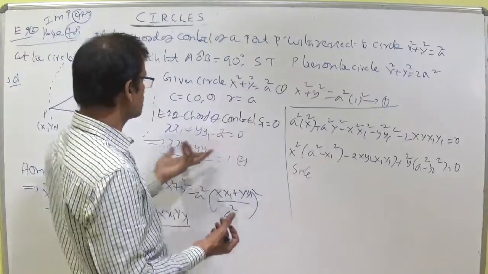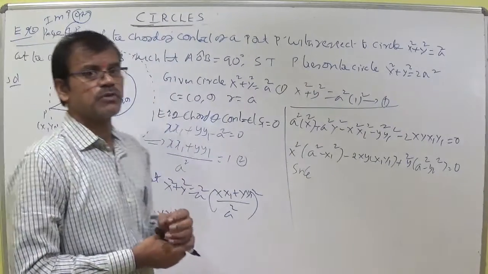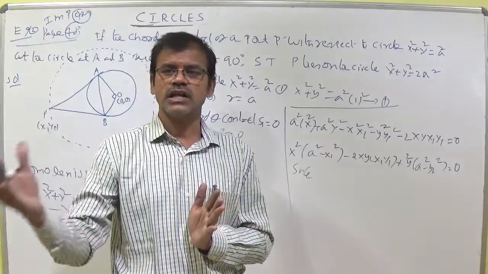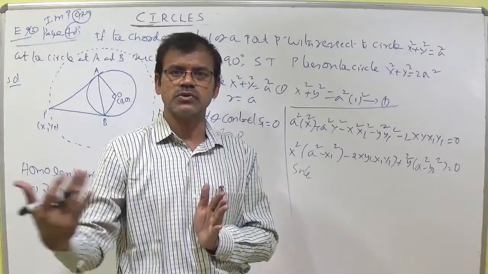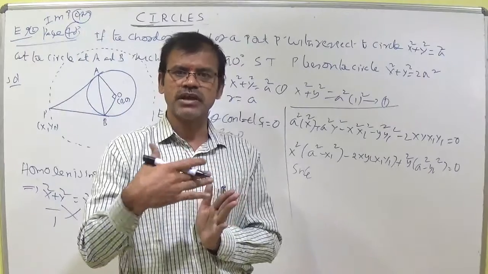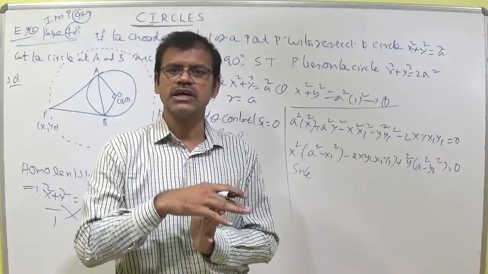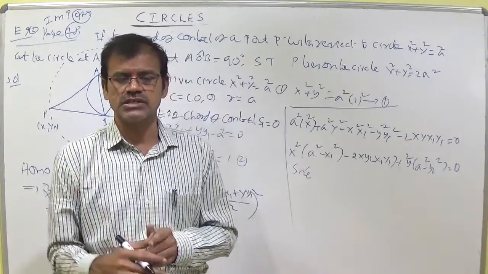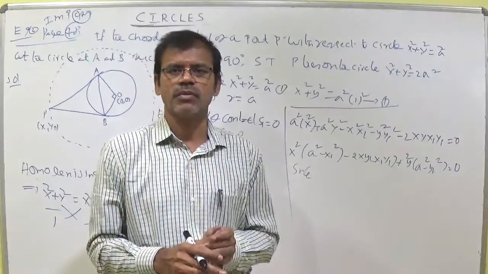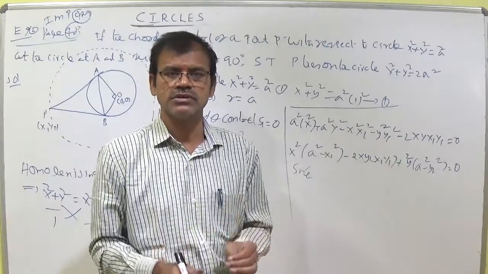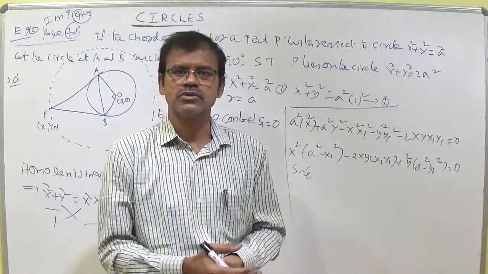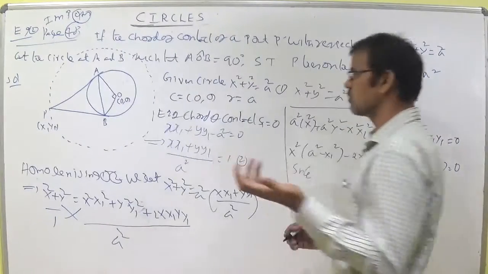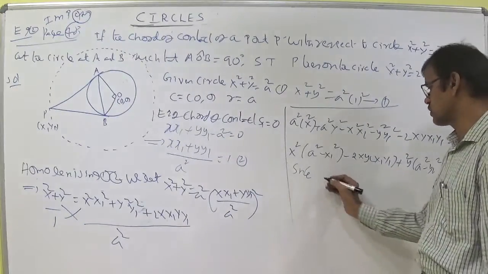If the equation of a pair of lines is in the form ax² + 2hxy + by² + 2gx + 2fy + c = 0, and another line lx + my + n = 0 intersects it, then if we homogenize, the coefficients of x, y and the constant vanish. You get ax² + 2hxy + by² = 0, because it should pass through (0, 0).